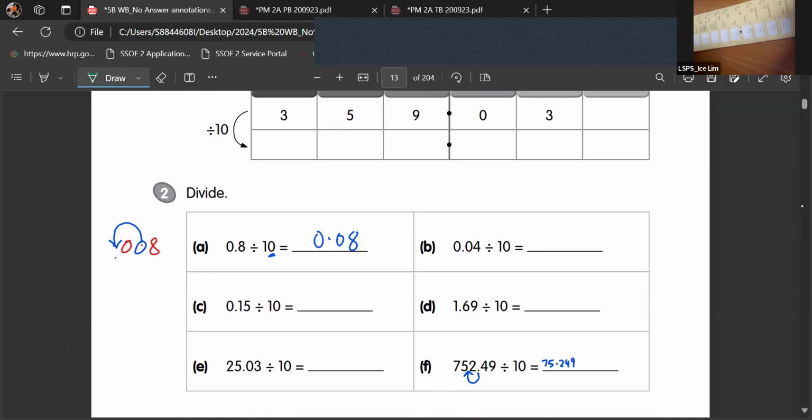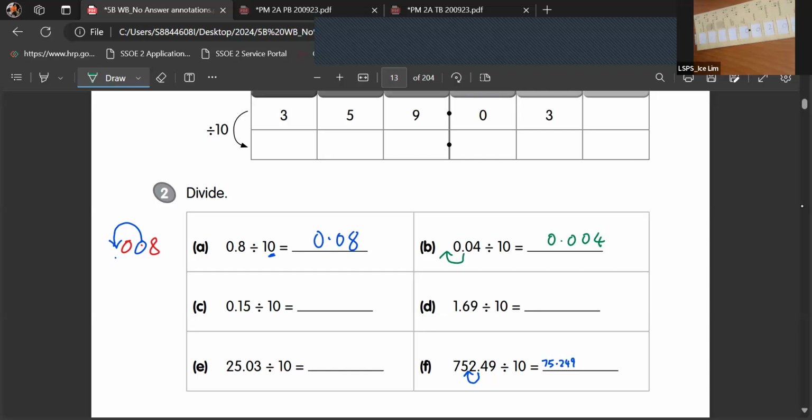So, divide by 10. I'll move the decimal point one place to the left, such that the decimal becomes a smaller number.